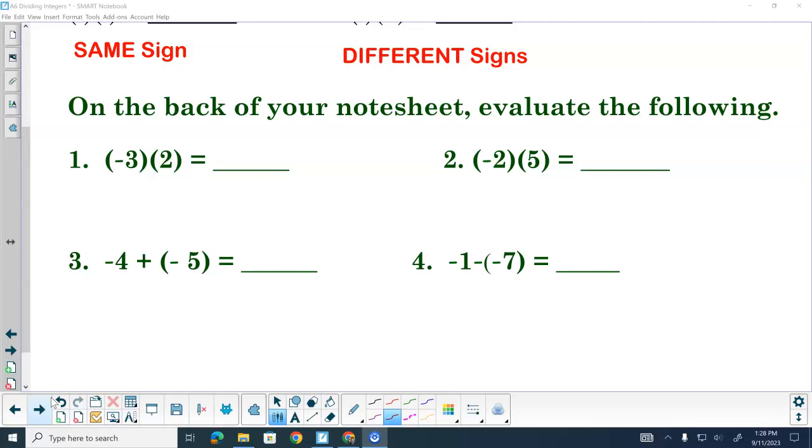And then on our chart, we can start at 3 and go down 2, or start at 2 and go down 3. There are different ways to use the multiplication chart. What is 3 times 2? 6. So our answer here would be negative 6.